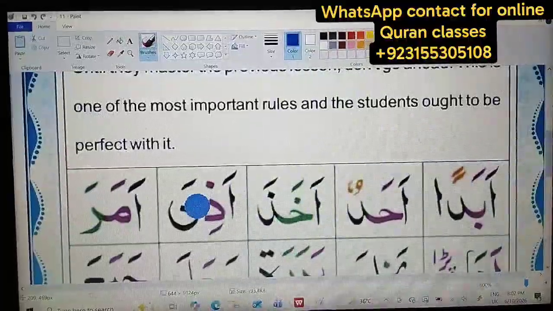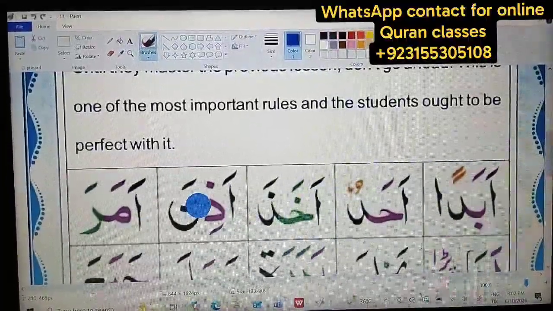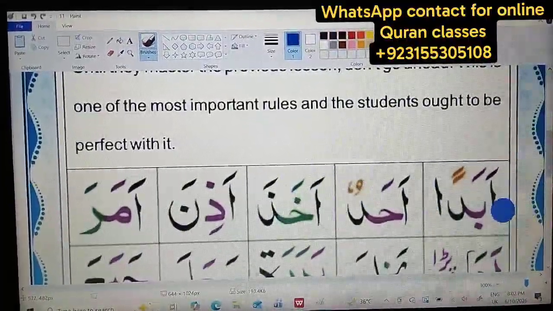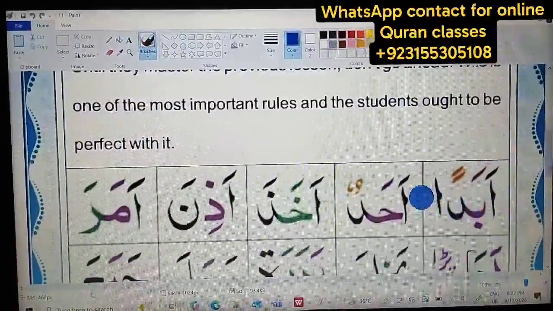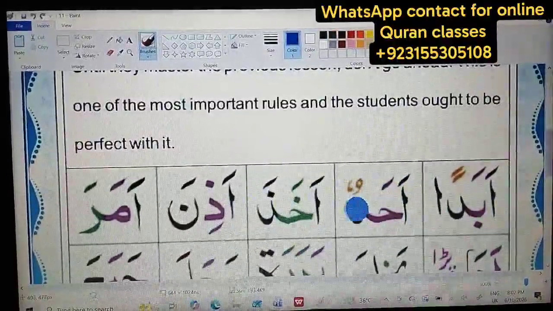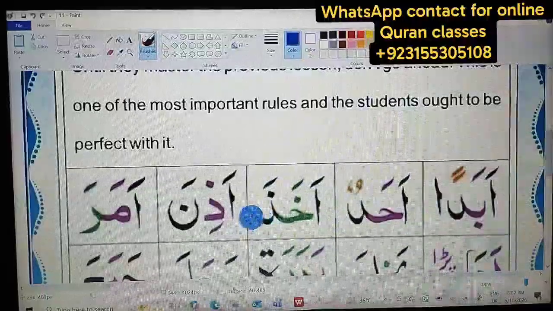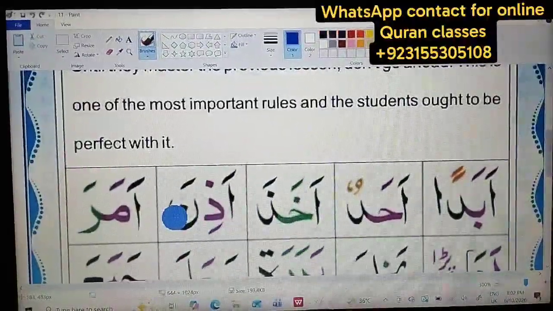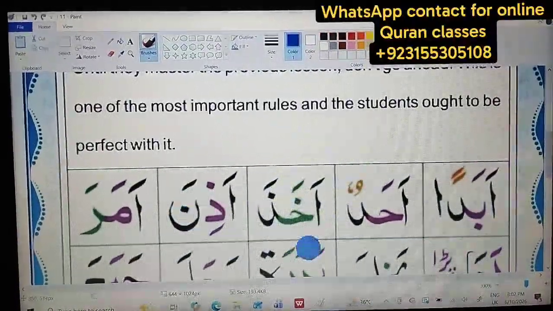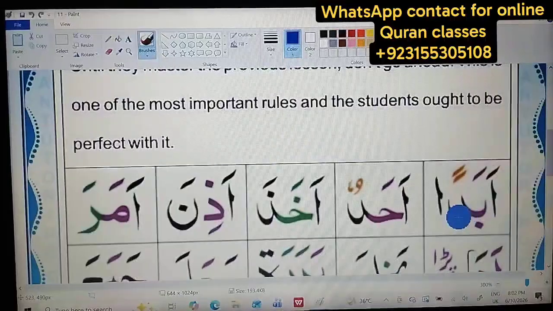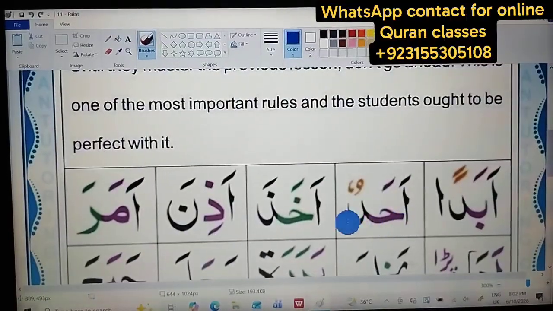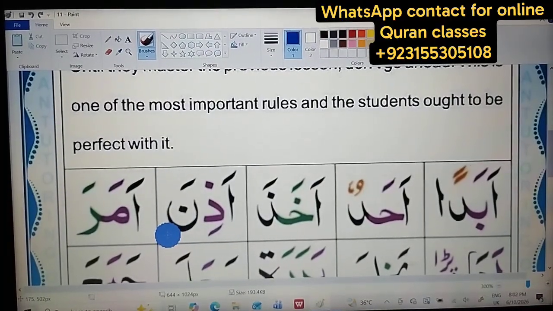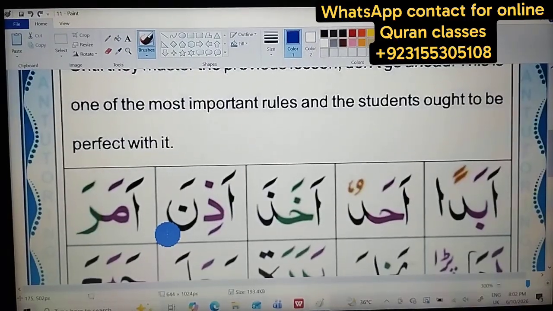Now we read from the start of the lesson without spelling: abadan, ahadun, akhadha, adhina. Now we stop on these words, so we read abada, ahad, akhadh, adhin. We put sukun on the last letter. We give the sign of sukun to the last letters.